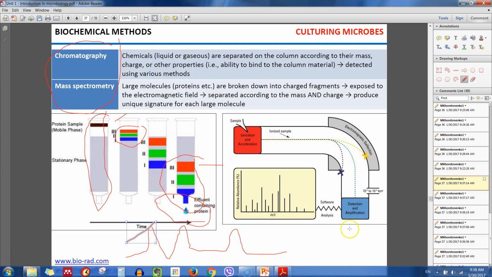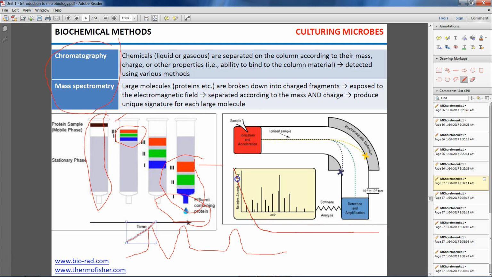Now, mass spectrometry. The machine is incredibly complex in terms of technicalities, but the method is not so much. So you have a bunch of molecules, and what you do with them, you ionize them.